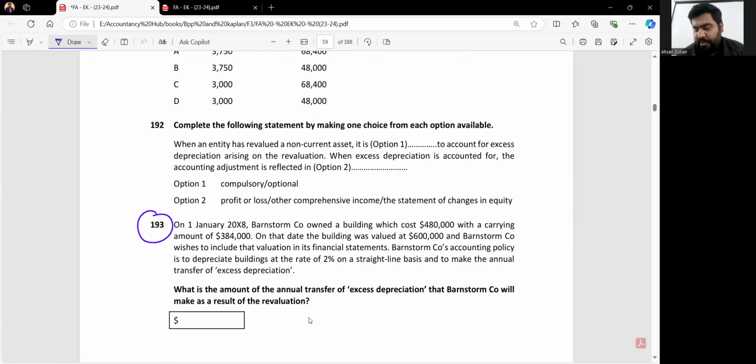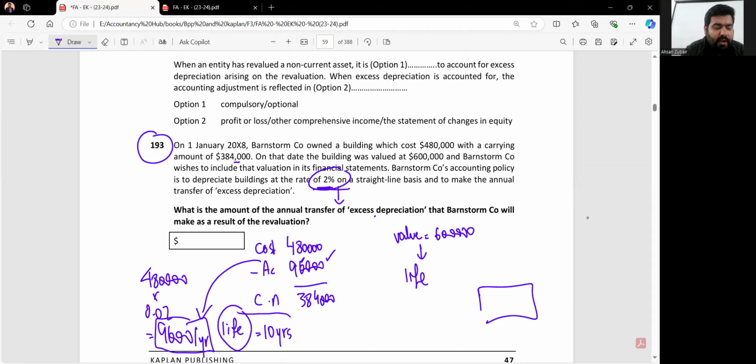And until now the accumulated depreciation is 96,000. It means if you divide accumulated depreciation by depreciation per year, you come to know that the life that has actually gone is 10 years.